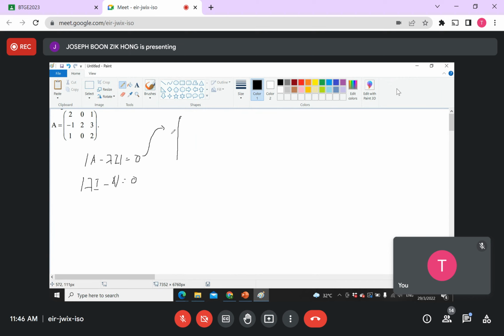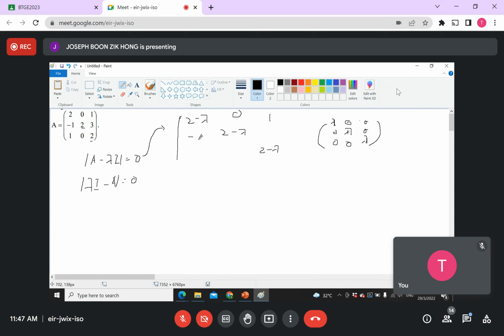So A minus lambda I. That means A minus lambda times I. What is the I? I is 1, 1, 1, and then 0, 0, 0, 0, 0, 0. So lambda I means this one becomes lambda, lambda, lambda. So A minus lambda I: 2 minus lambda, and then this one also 2 minus lambda, this one also 2 minus lambda. The rest, nothing changed, because 0 minus 0 is still 0, 1 minus 0 is still 1.